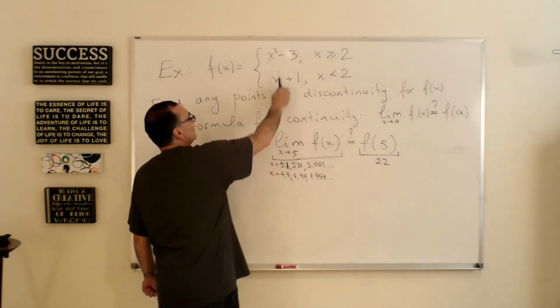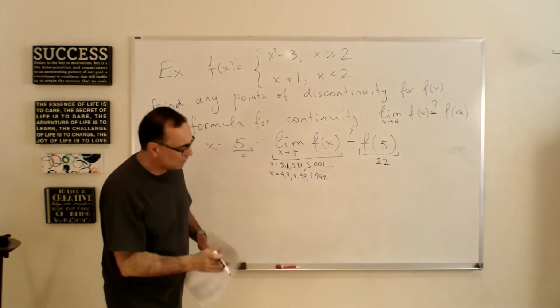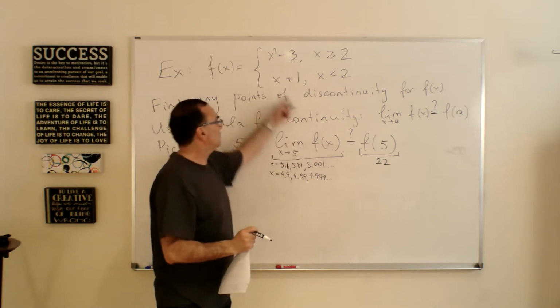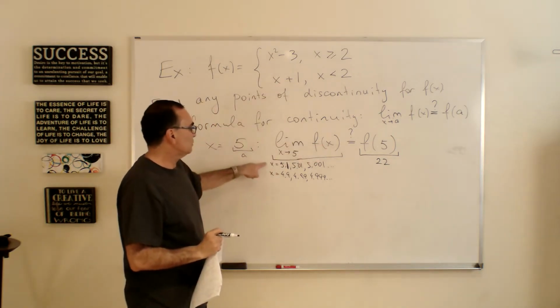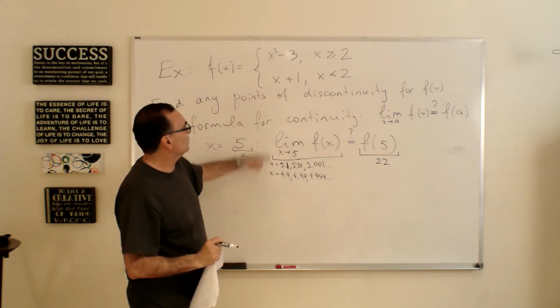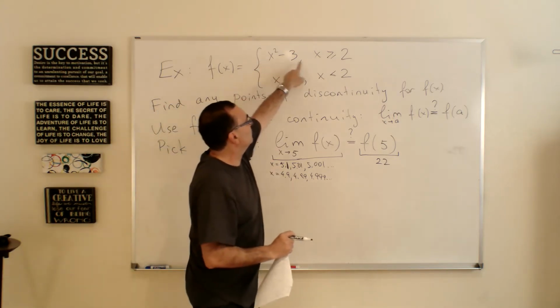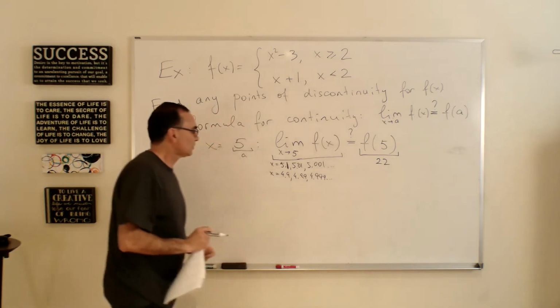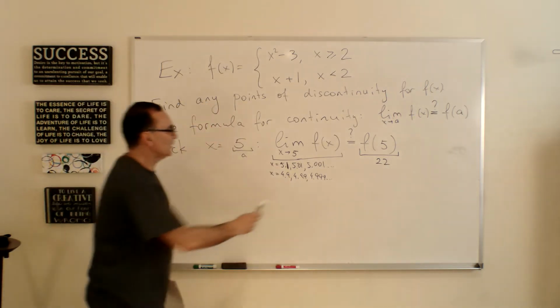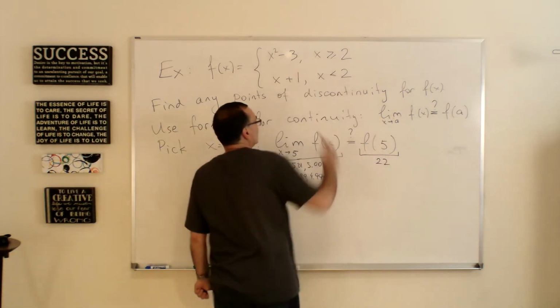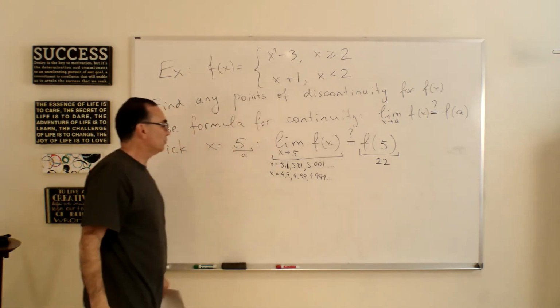And we need to plug them all into the function. But if you check these two formulas determining the function, when you plug in all of those x values, you see that all of them you will plug into the top formula because all of them are bigger than 2. And the right hand side too, you only plug into the top formula, never into the bottom formula.